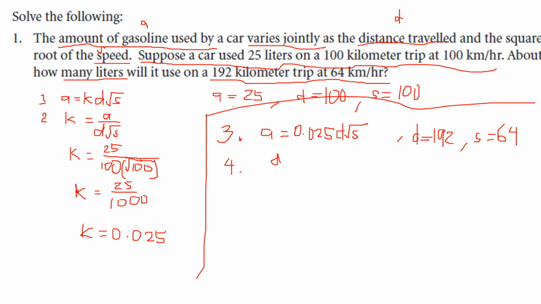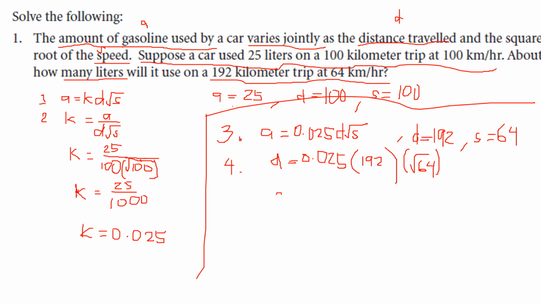So, A equals 0.025 multiplied to 192 times the square root of 64.